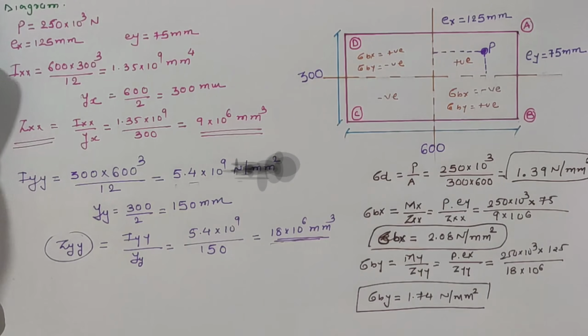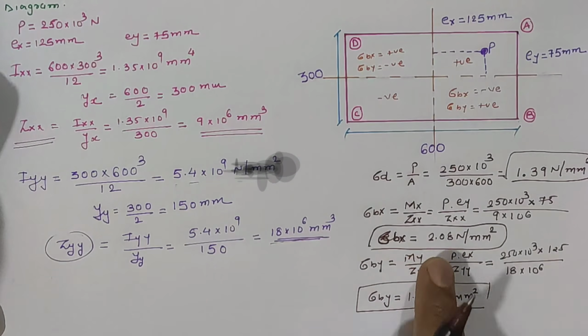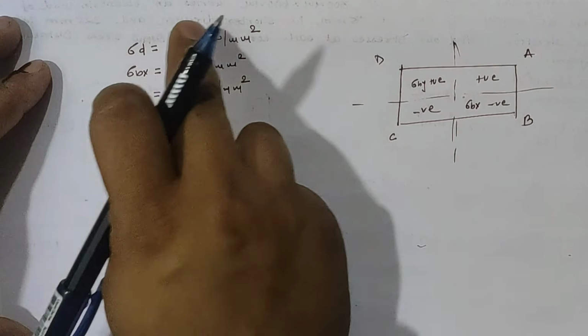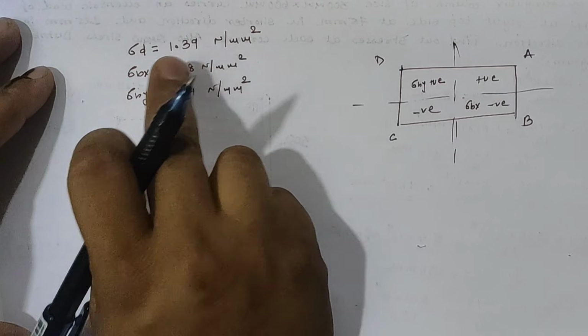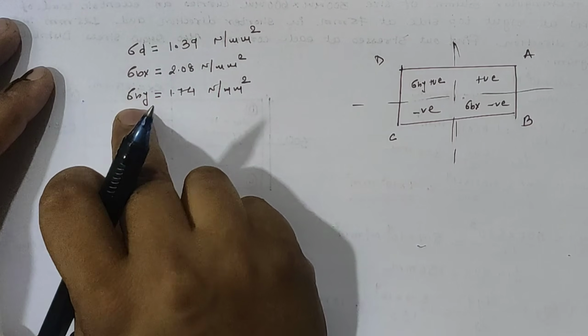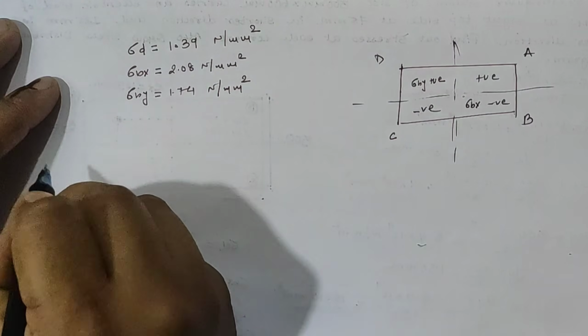Now let us calculate the value of total stress at each corner according to the sigma Bx, sigma By and sigma D values. From the above calculation we have direct stress as 1.39, bending stress in x direction as 2.08 and bending stress in y direction as 1.74 in terms of Newton per mm square.